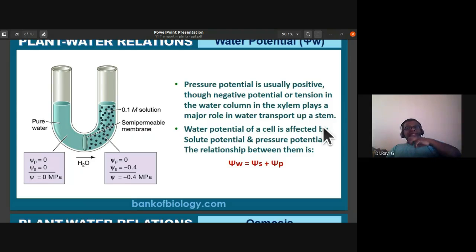It happens in the xylem. So the negative pressure potential plays an important role in the uptake of water in the stem. Water transport up the stem is possible because of the negative potential or tension in the water column.